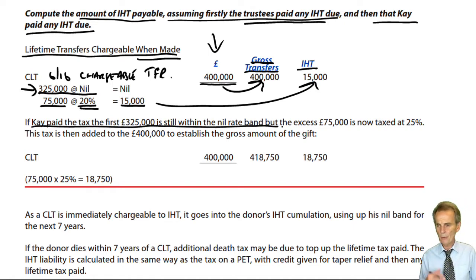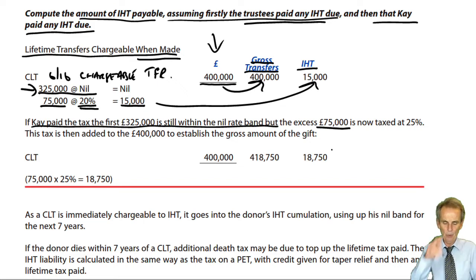So whether it's gross or net is only an issue if the amount of this lifetime transfer, this chargeable transfer figure, takes you above, for a period of 7 cumulative years, above the then nil rate band, likely to be, of course, the 325,000 that still currently exists. So if K paid the tax, then the first 325 is still within the nil rate band, but we've still got an excess of 75.